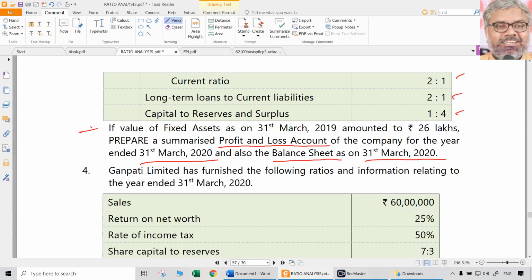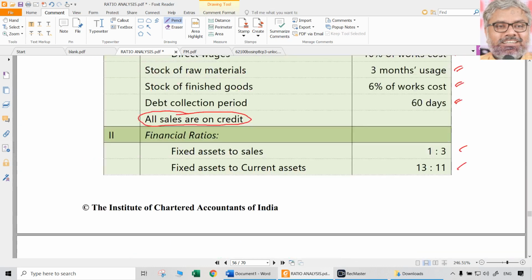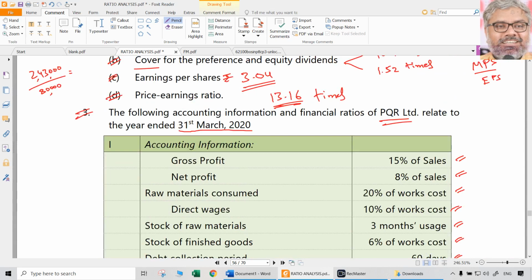One and only thing that is given is at the end of the question: if the value of fixed assets on 31st March 2019 amounted to 26 lakhs. Here it is not 2019, it can be considered as 2020 because all of the information is given on 31st March 2020. If it is 2019, it will not be consistent.